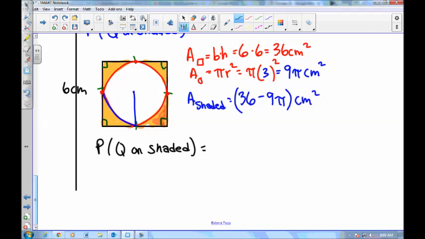Yeah, it's all of this. 36 minus 9 pi. Divided by area of the whole. Eric, what would the area of the whole be? The whole square. 36. Okay?